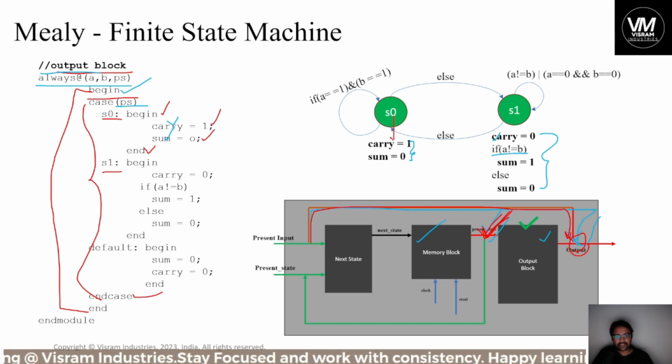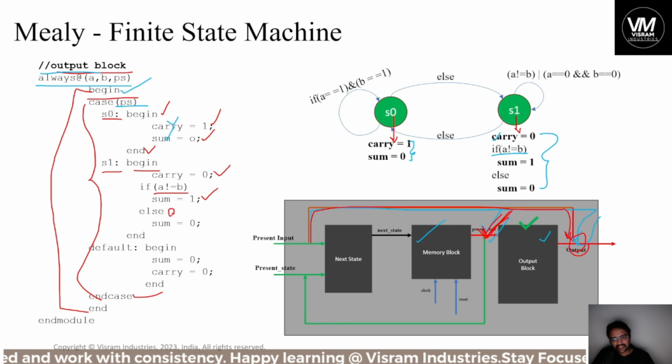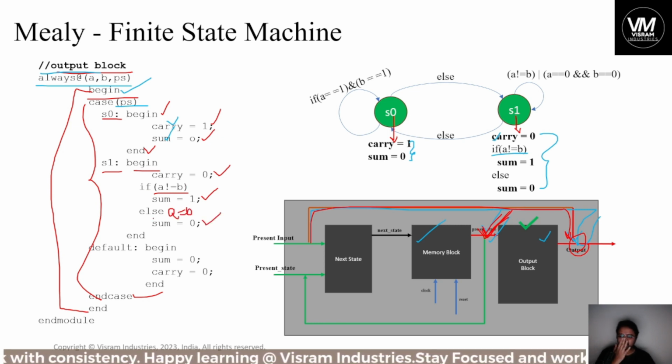That is for the S0 state. But for S1, begin, carry is equal to 0. We are deciding if A not equal to B, sum is equal to 1. Else means A equal to B, sum is equal to 0. Okay.